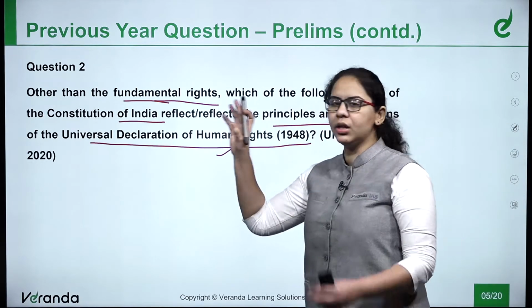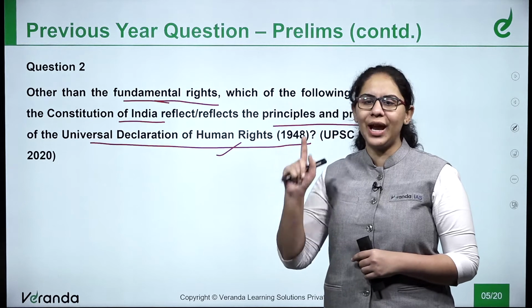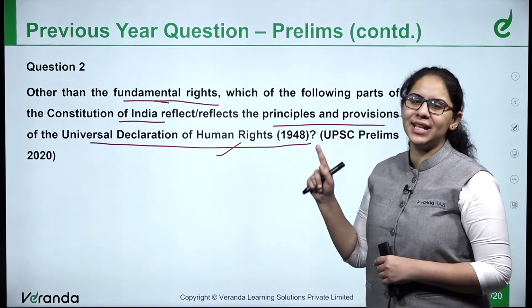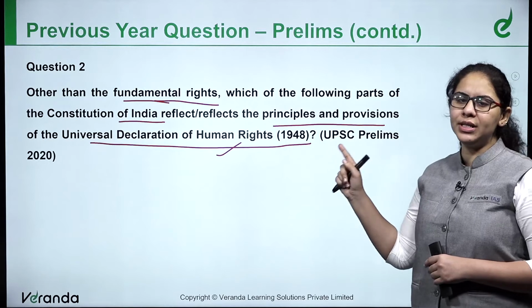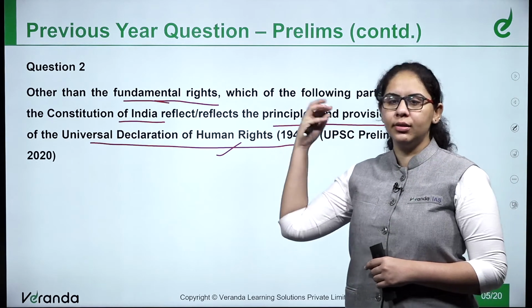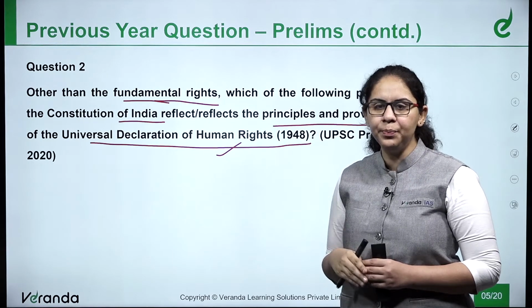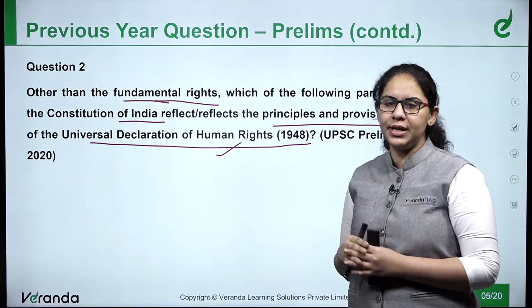So basically what you can infer from this question is, one thing, fundamental rights reflect the principles and provisions of the Universal Declaration of Human Rights. And now we have to tell, other than fundamental rights, what all are the things that reflect the Universal Declaration of Human Rights.